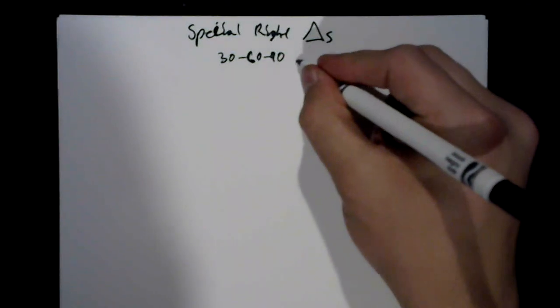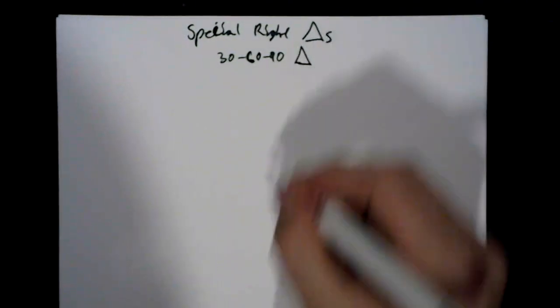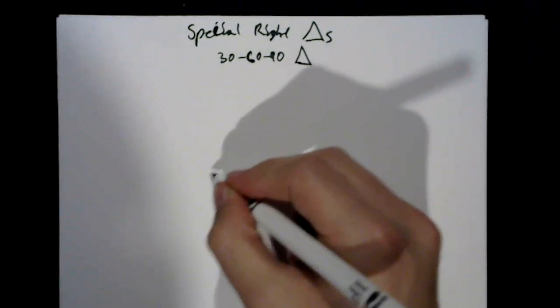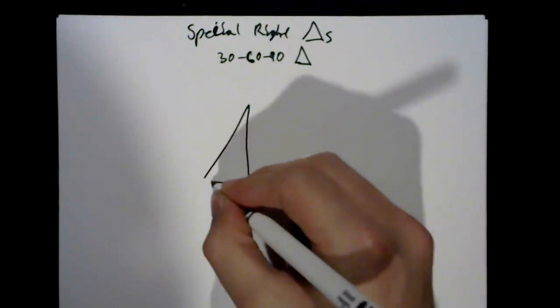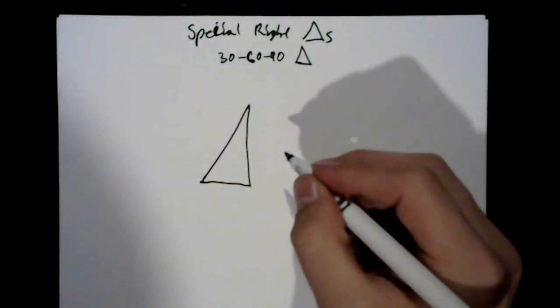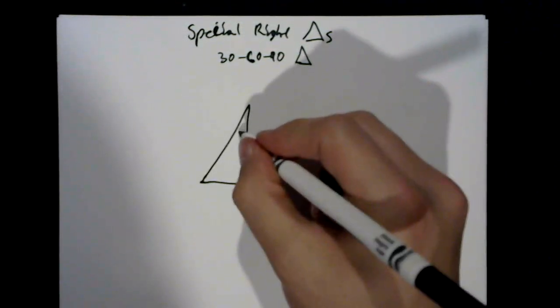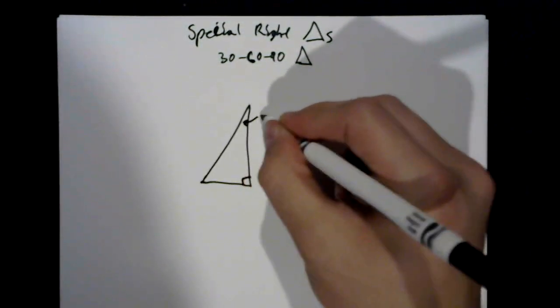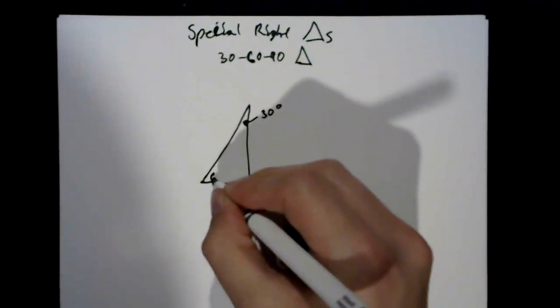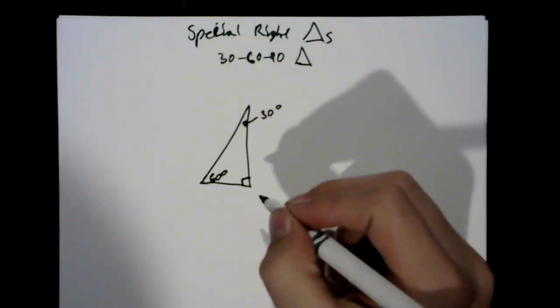So the 30, 60, 90 triangle is basically a right triangle. We'll draw a semi-decent graph of a right triangle with this being your 30-degree angle, 60-degree angle, and your 90.